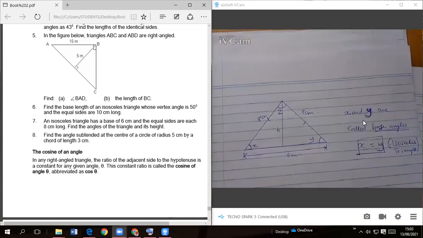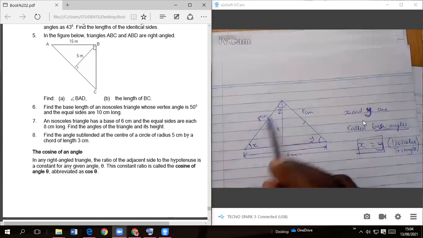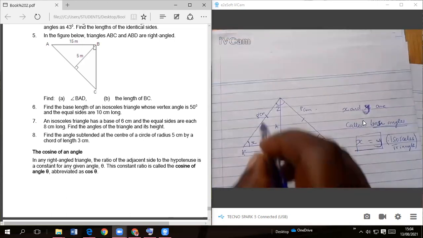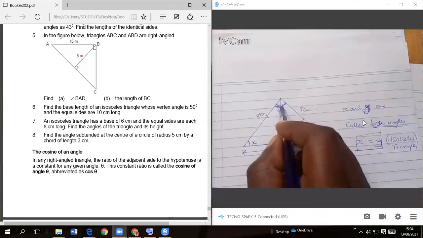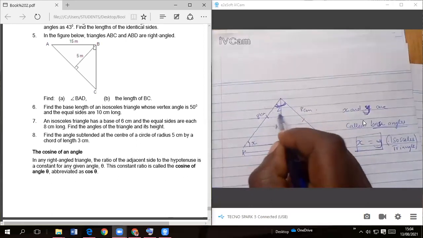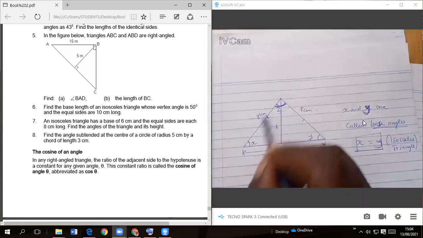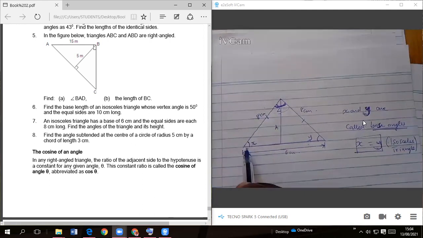All right. So they're asking us to find the angles X, Y, and Z. They have given us this. Now, I told you that if this is an isosceles triangle, this angle is going to be divided into two. So this will be half, and this will be half of Z. Also, this base is going to be divided by 2.